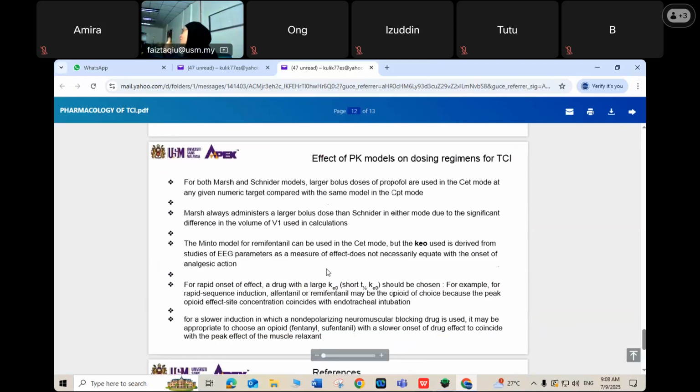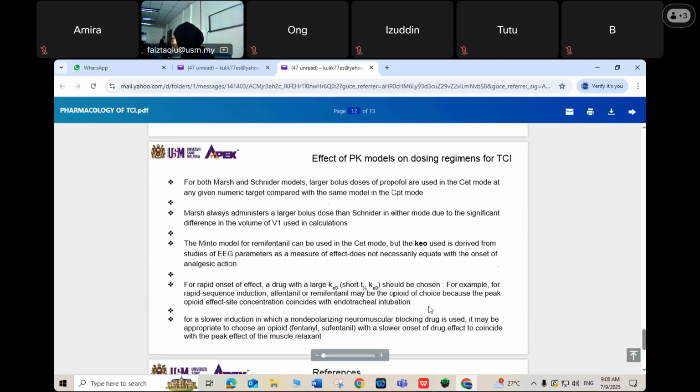So that is one of the caveats of using a Minto model when we want to do an effect site. Okay. And then for rapid onset of effect, a drug with a large KEO should be chosen.